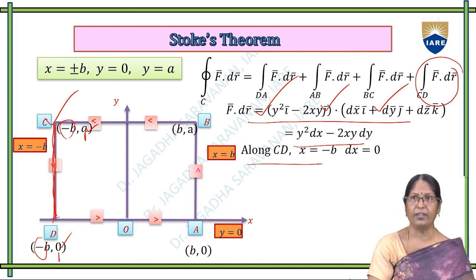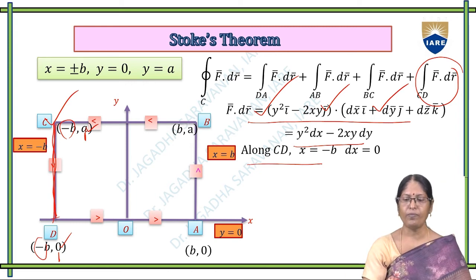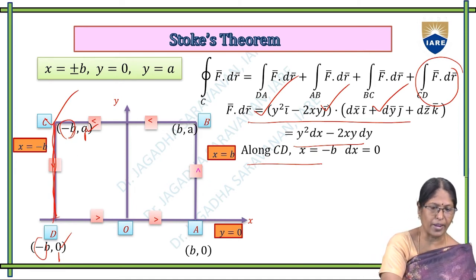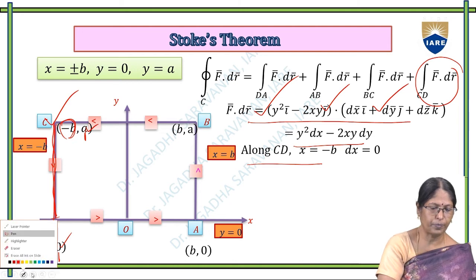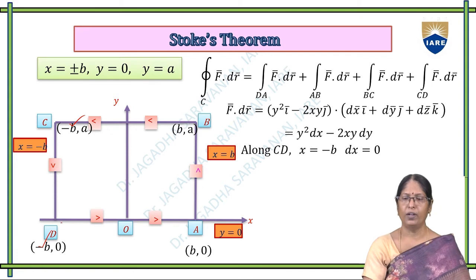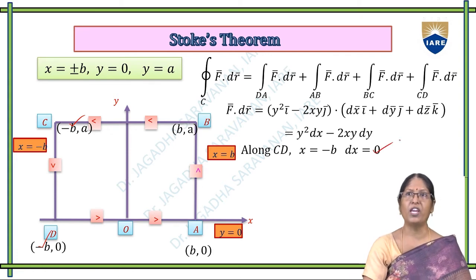Along CD, x is actually playing the role of minus b. We can see it here, minus b. So dx is equal to 0. Now y varies from a to 0.